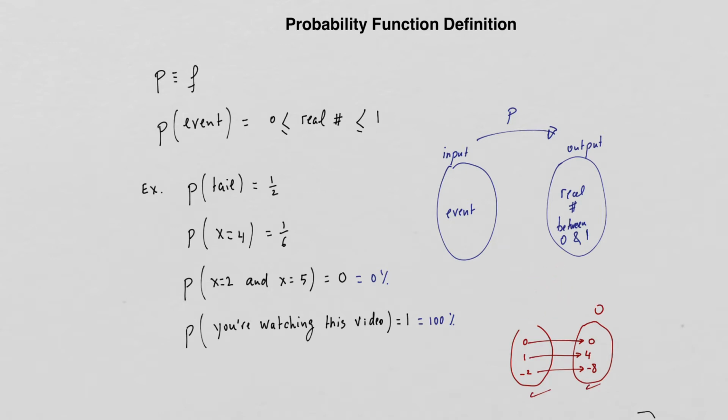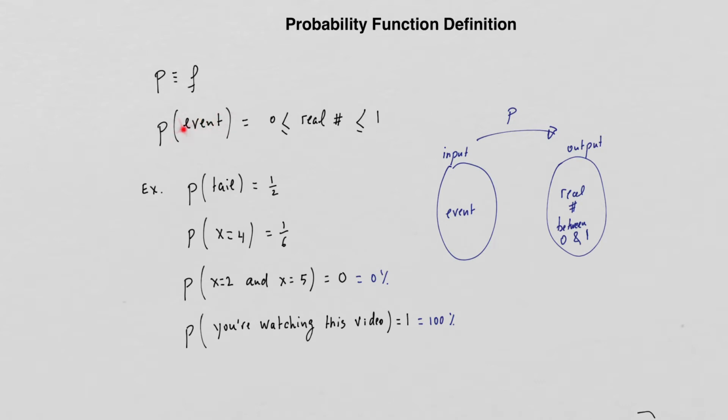The probability function is also a function in a sense that it has an input and it has an output, and that's your function, P. The difference, though, is the input is an event. So you always start with the event as your input. Whatever goes inside your parentheses, P of x, that is your event.